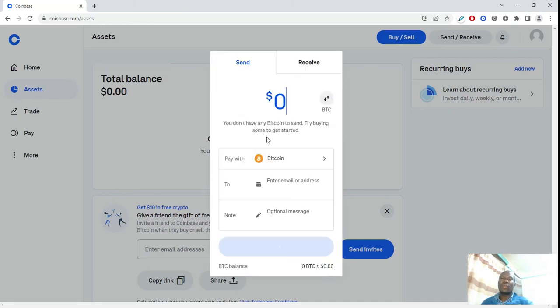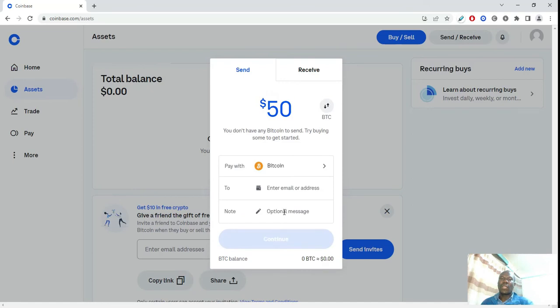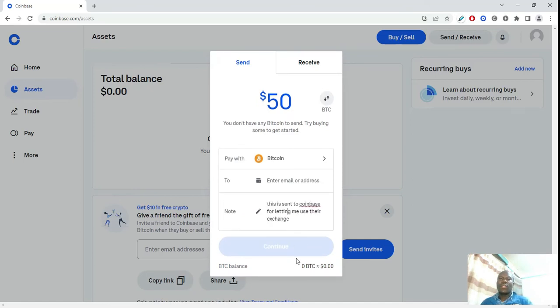Then I can write an optional message or not, and then you continue. This one has been grayed out. I can't click continue here because I do not have any Bitcoin in my account. This is a test account, so I don't have anything here. I can even convert everything to BTC, which when I click convert, everything will be converted to BTC.